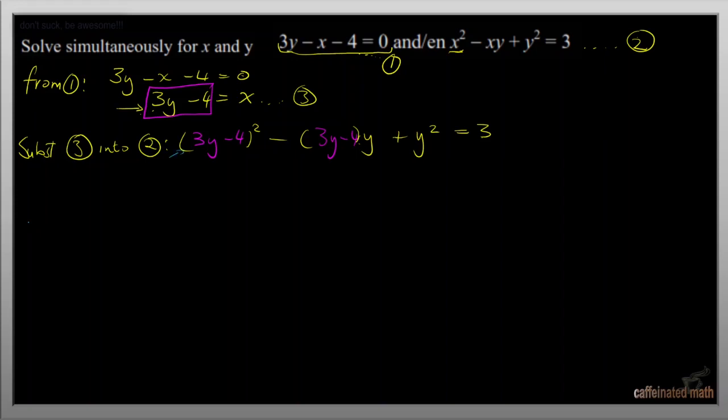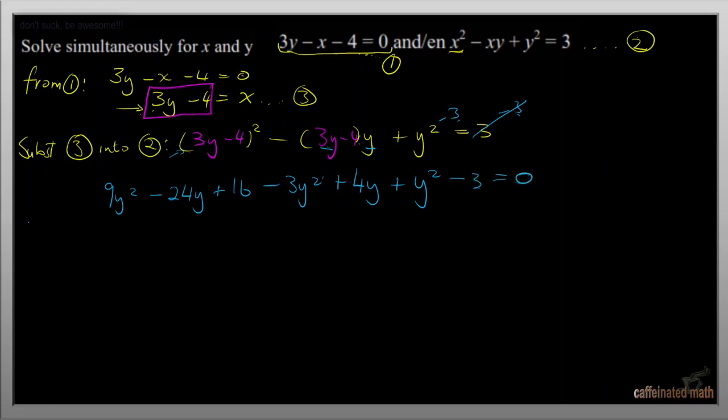So this first bracket then becomes 9y squared minus 24y plus 16, and then over here we have 3y squared, but remember it's being multiplied by a negative, so it's minus 3y squared, and a negative gives me a positive, so that will turn into plus 4y, and then I add y squared, and I might as well transpose the 3 by subtracting it from both sides, and that's all equal to 0.